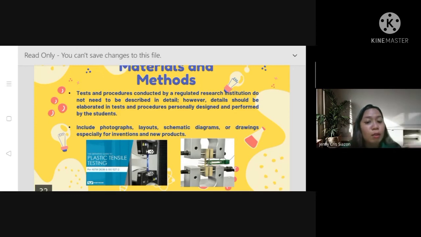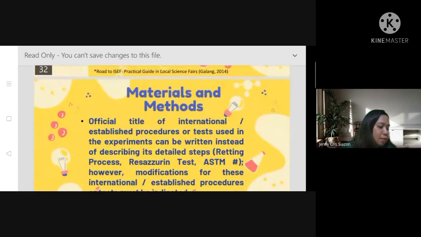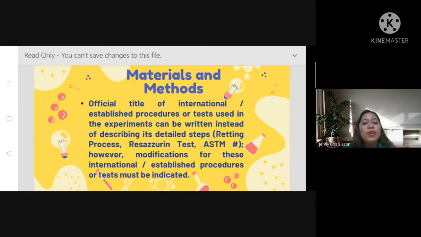But you need to include photograph, layout, schematic diagram, drawing for invention and new products. Napaka-importante po ng mga drawing. Kailangan nating ilagay, no? Okay? So, for example, the official title of international established procedures or tests used in experiments can be written instead of describing its detailed steps.